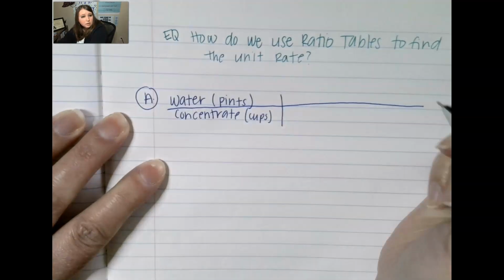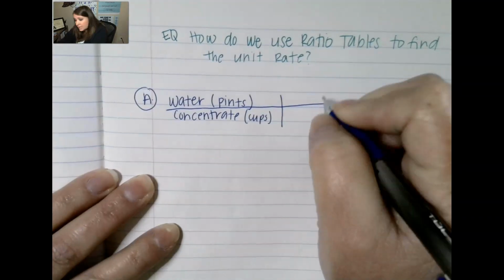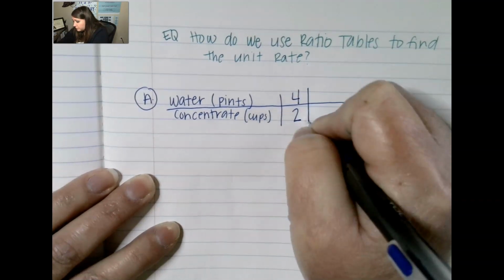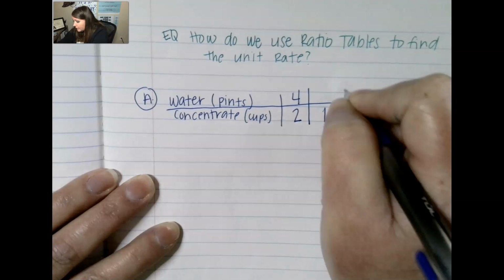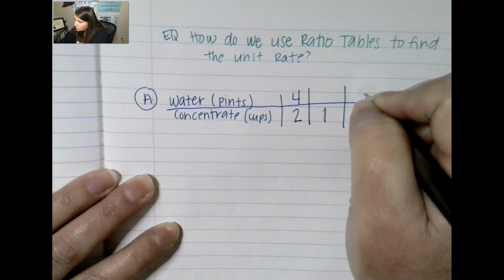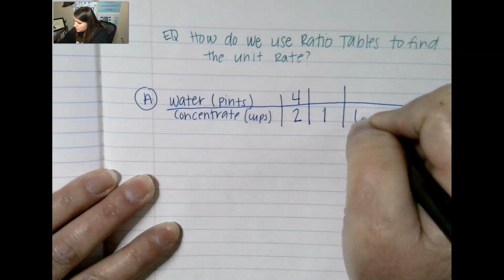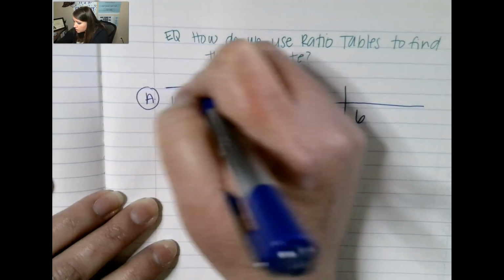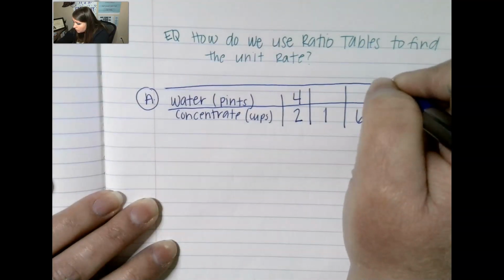Sorry, that line got really crazy. Okay, it says that I have 4 to 2, get to 1, and then 6. Okay, so this is our ratio table here.